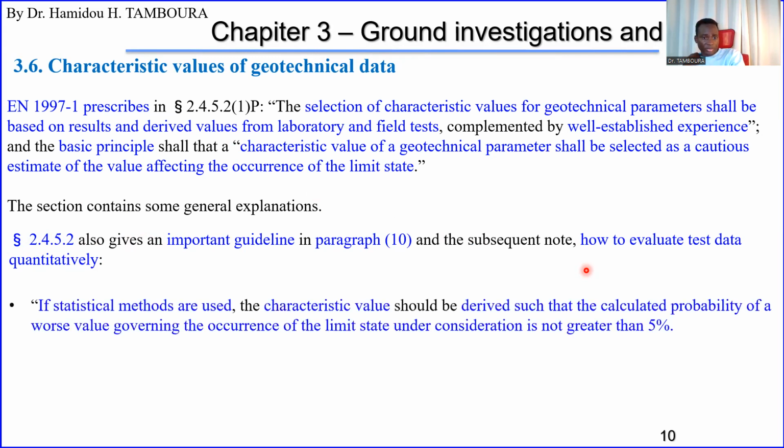quantitatively. Okay. If a statistical model is used, because this is about statistics and probability, mainly statistics, then the characteristic value should be derived so that the calculated probability of a worse value governing the occurrence of the limit state under consideration is not greater than 5%.